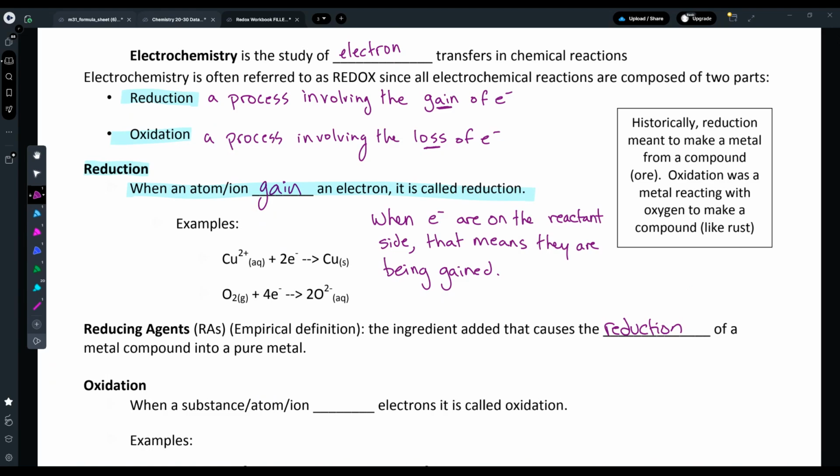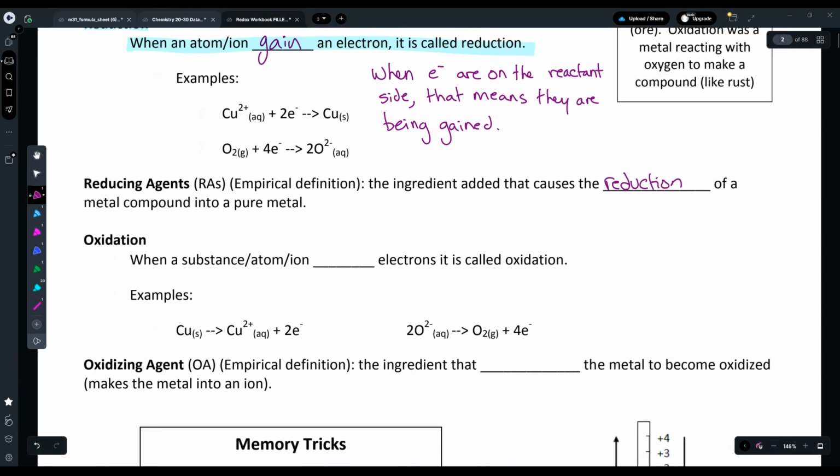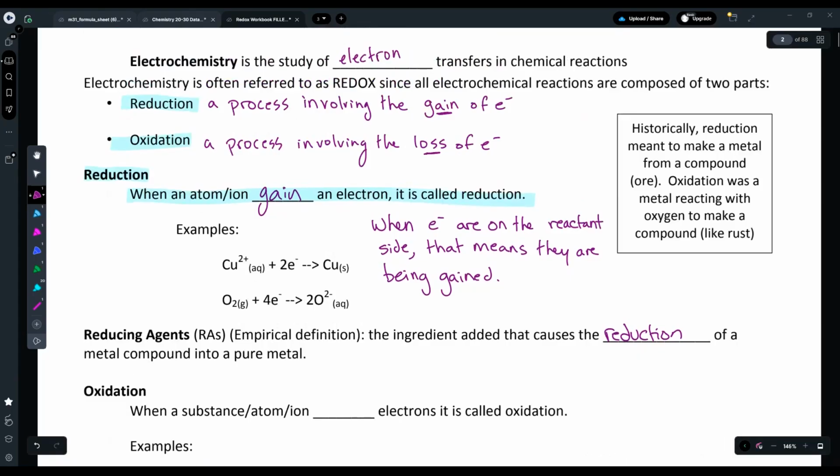For oxidation, historically what it meant was you have a metal reacting with oxygen to create some sort of compound. Sometimes it would be rust that got formed. You don't need to know the historical definitions or uses of reduction and oxidation processes.